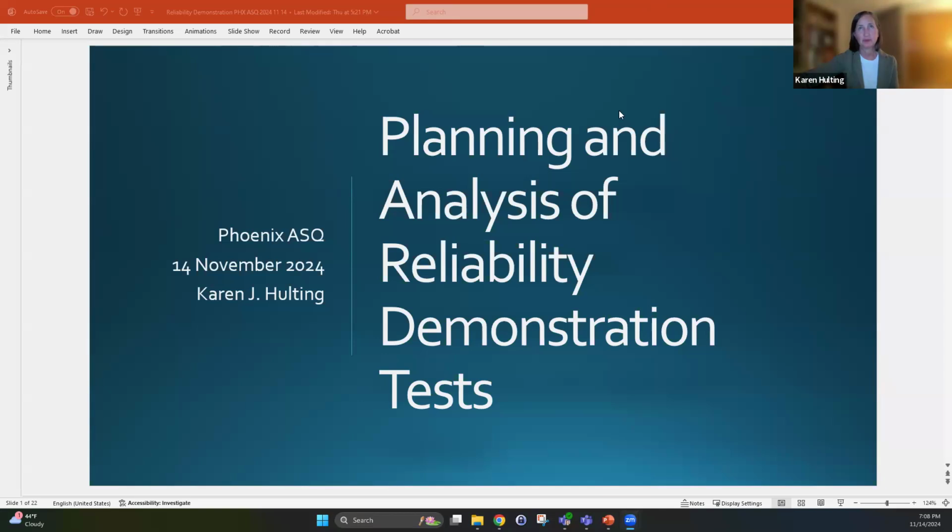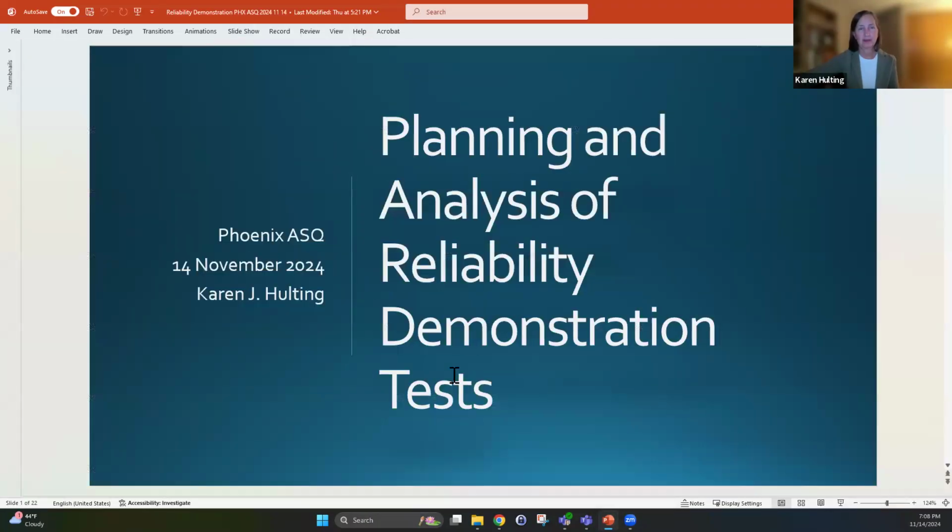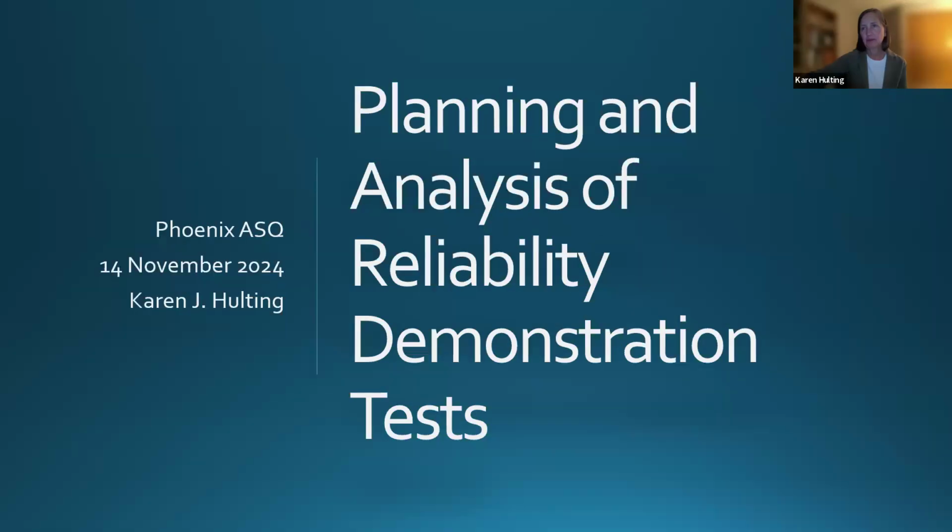Let me move this down so I'm looking at the right place. That'll work. Let me get it there. One more screen to move around. And certainly let me know if anything is not showing up correctly.